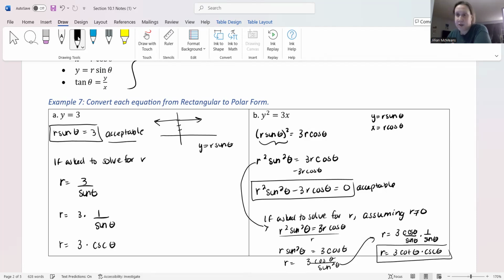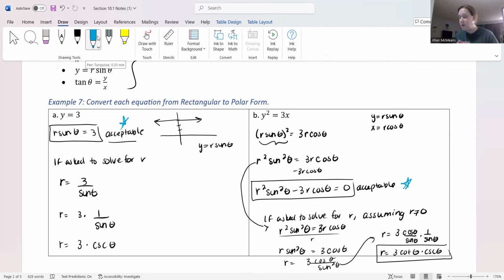Now, we had to make some assumptions here. We had to assume that we were told to solve for r and that r could not equal 0. Okay. And then we have to also assume that sine squared theta was not equal to 0. Okay. So you could take it further. Again, this is acceptable. But if you're asked to solve for r, just understand that you could potentially go further.